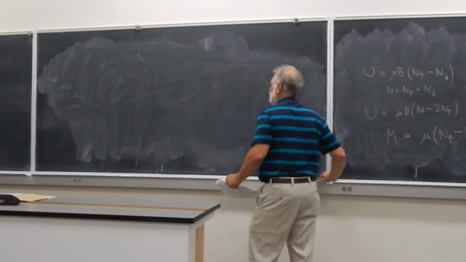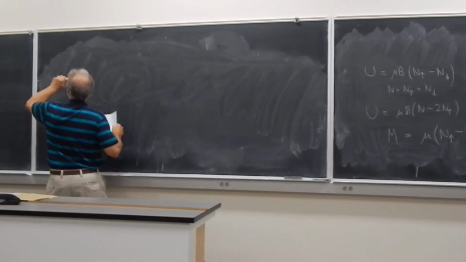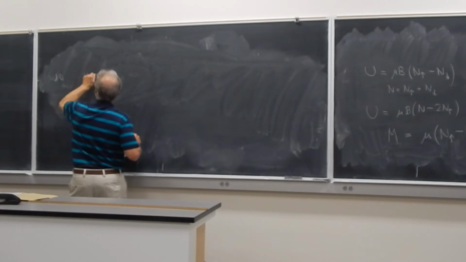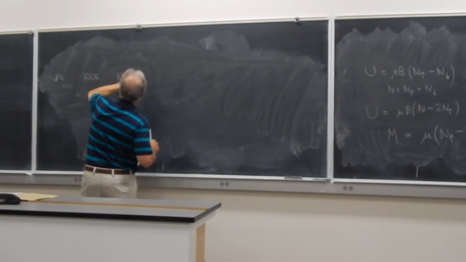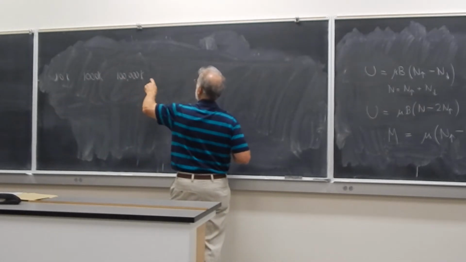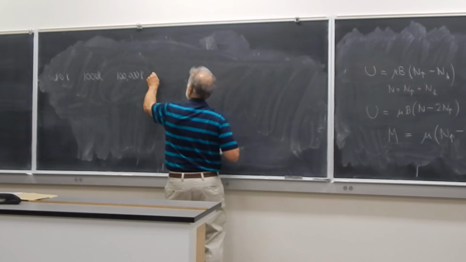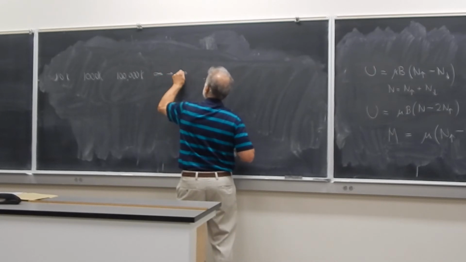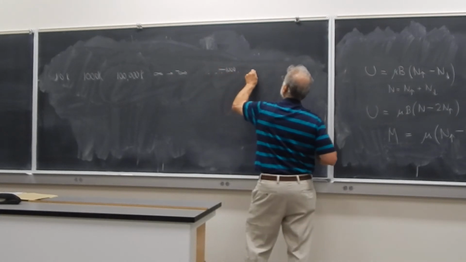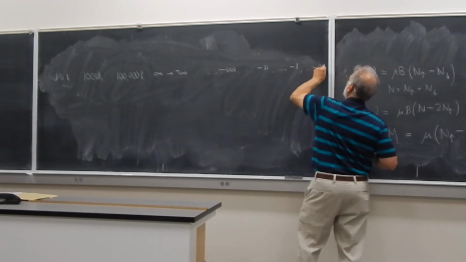In fact, one way to think about it is in the following way. If I were to list temperatures, 10 kelvins, 1,000 kelvins, 100,000 kelvins, my temperature would go essentially through infinity to negative infinity, and then up to minus 1,000, minus 10, minus 1, minus 0.01.